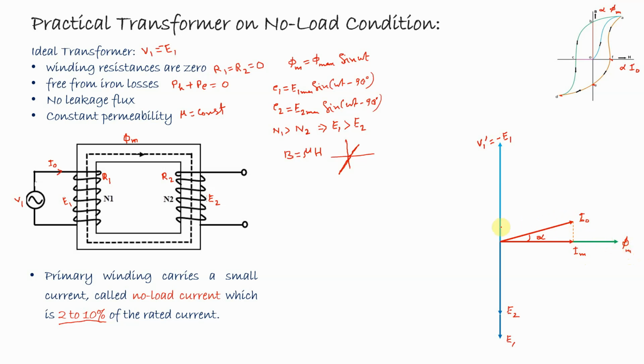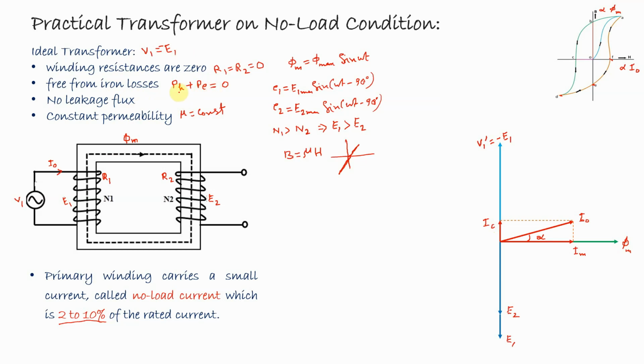There is another component that will be along the y-axis, and this component is considered as IC. That is called the core loss component of the transformer, the core loss component of the primary current. In a practical transformer, both the hysteresis loss and the eddy current loss will occur.